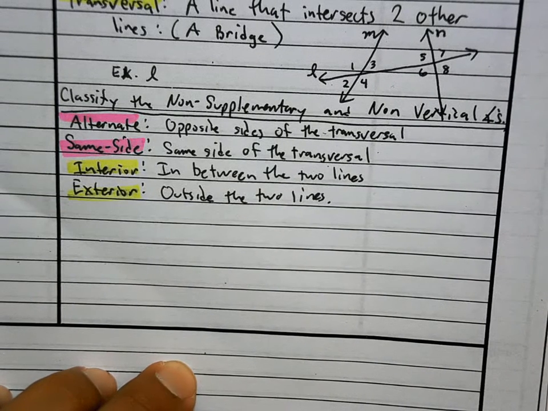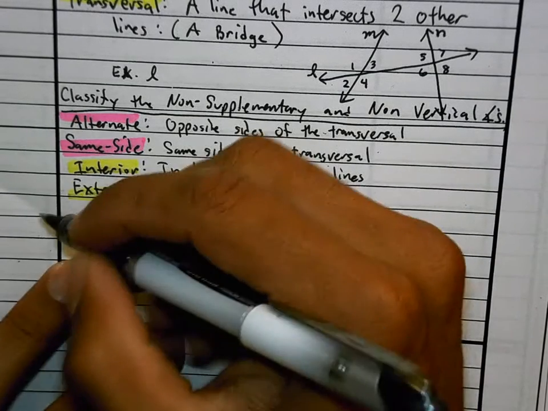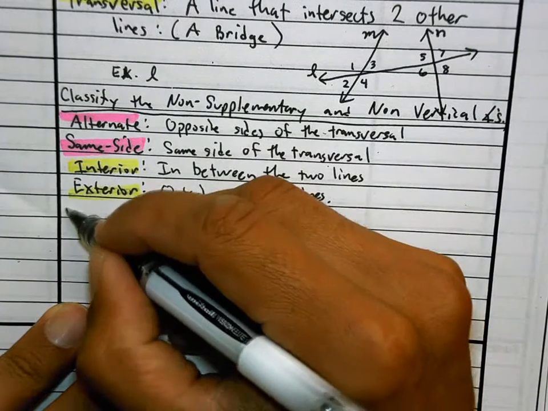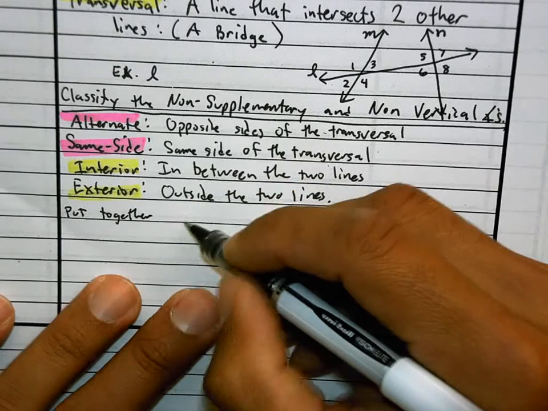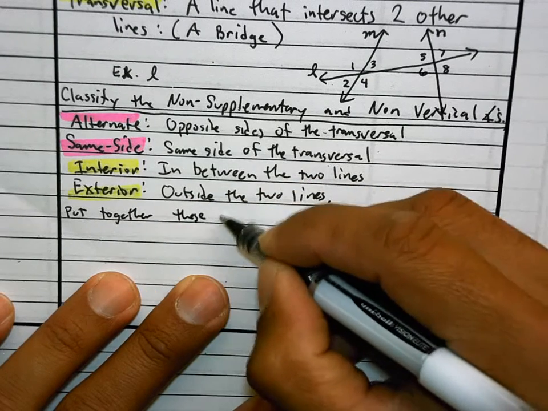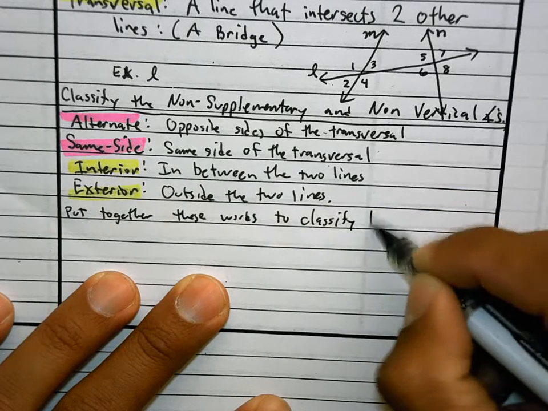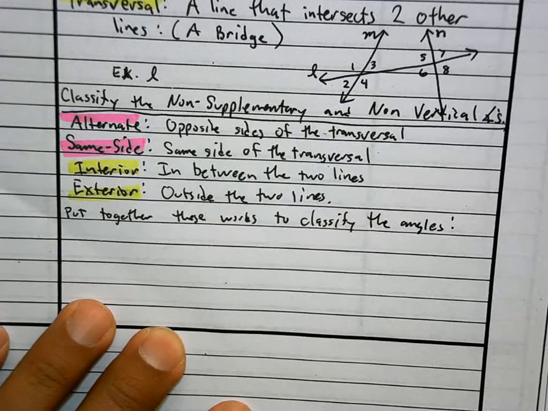What you will do is put one pink and one yellow together to classify the type of angle they are. So we are going to put together these words to classify the angles.